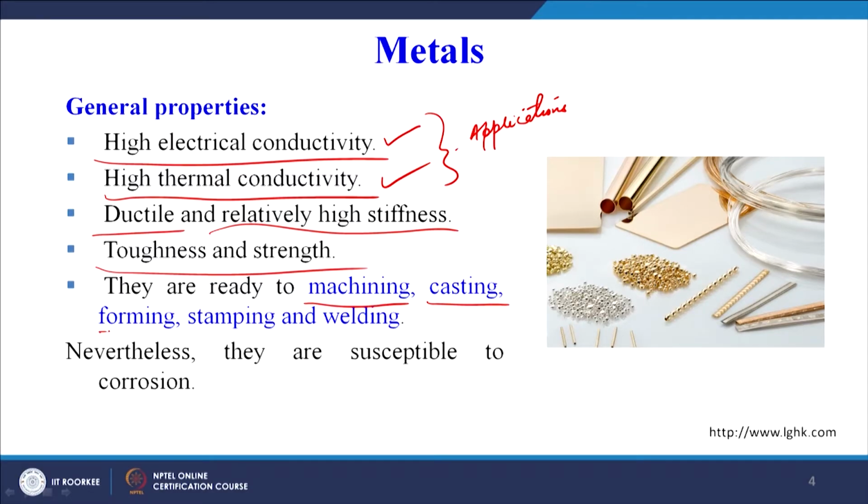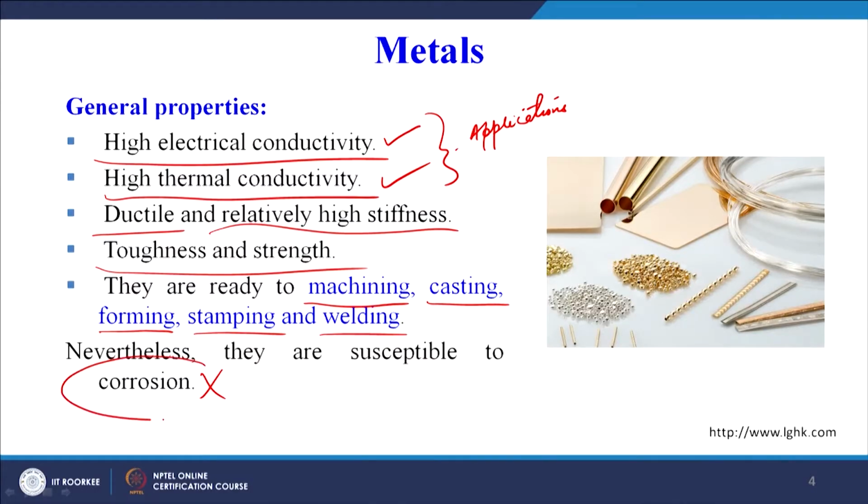We can see they are ready: we can machine the metals, we can cast the metals, we can form them, we can do stamping, we can join the metals using welding. So, therefore, metals have good characteristics which make them engineering materials for a number of applications.